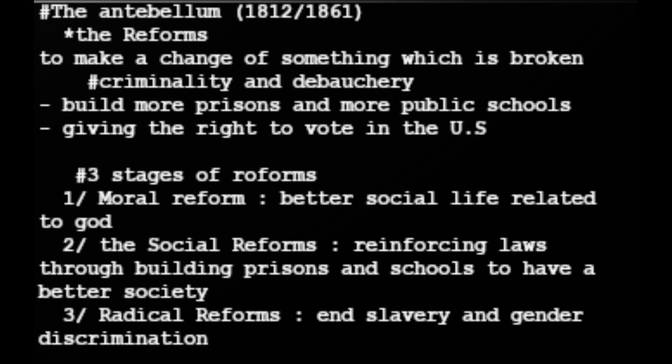Then we're going to get a little bit into literature, which is beneficial, of course, to the students of English. Then we are going to speak about the differences between the North and the South, because the United States at that time were divided into northern states and southern states. Then we're going to speak about the crisis and the spark of the American Civil War. So I shall just start with the pre-Civil War reform.